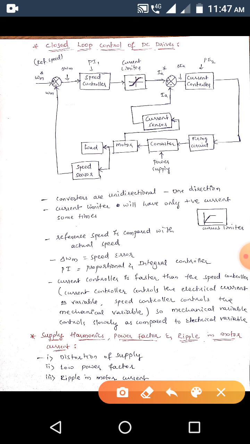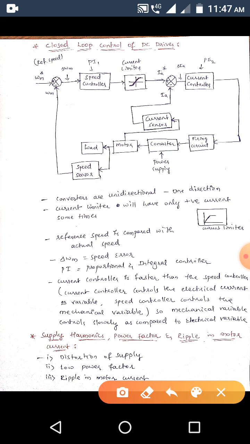Here it must be unidirectional, so one-directional converters. As I discussed, because this is the current limiter, only positive current flows here. Then the converter is fed to the motor, and we also measure the loads here.